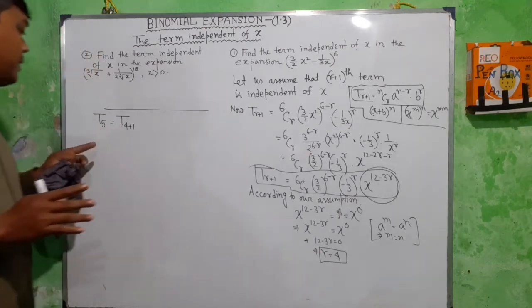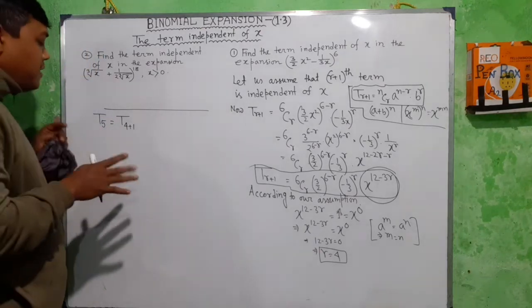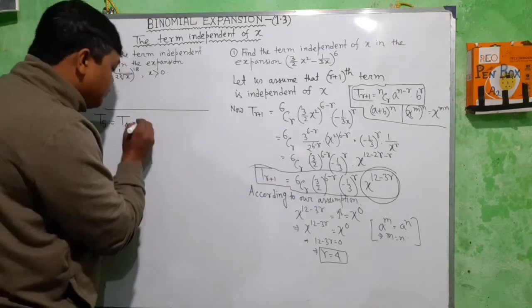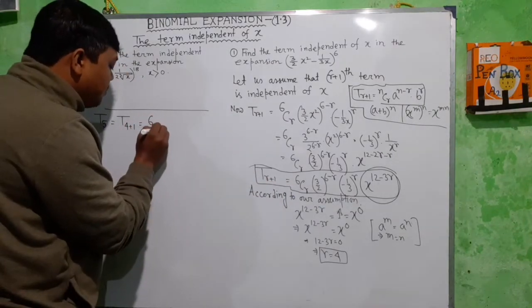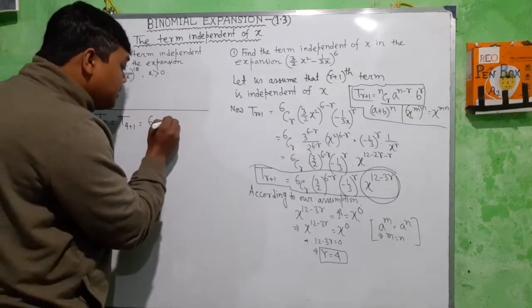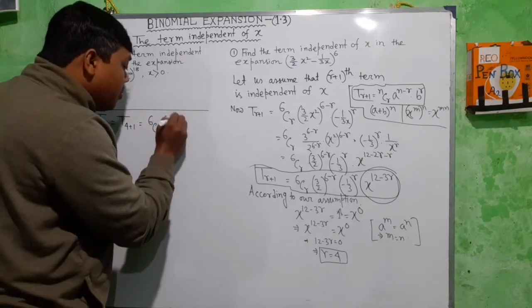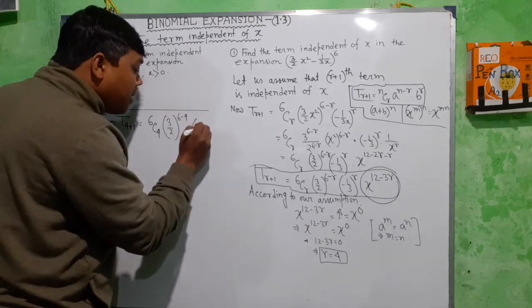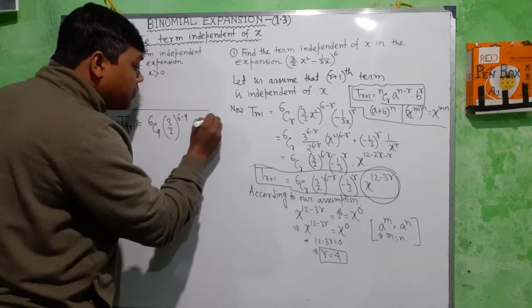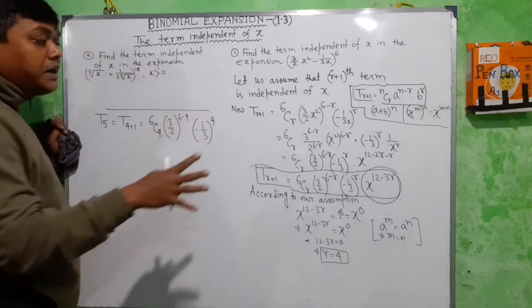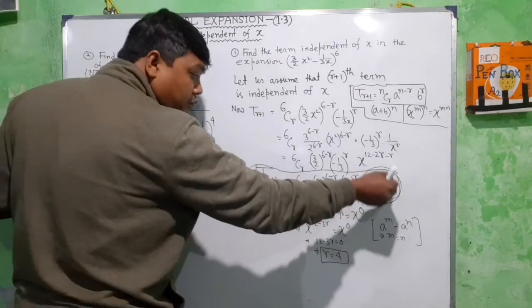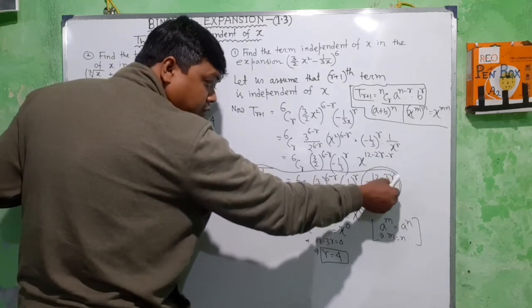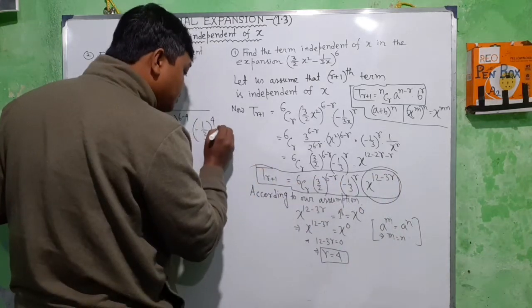The fifth term. So t5 equals, you can write down t4 plus 1 and put r equals 4. You will get 6C4 (3 by 2) whole to the power 6 minus 4, (minus 1/3) whole to the power 4, and you have already taken this value is 1, and if you put r equals 4, so 12 minus 12, that is x to the power 0, that gives 1 also.